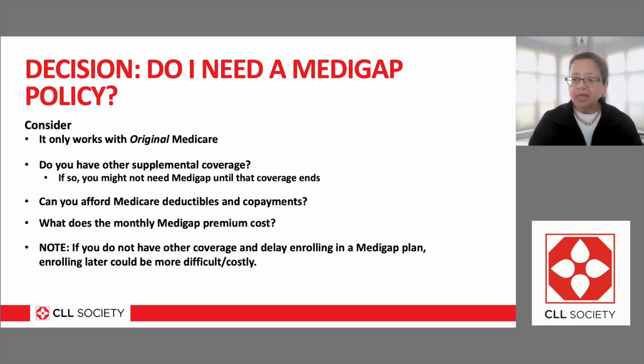If you have some other kind of supplementary insurance, if you work for the federal government or other things that help with those costs, then maybe you should compare where you're getting better coverage. If affording deductibles and co-payments is a reason that makes you think twice about Medicare traditional versus Medicare Advantage, then absolutely consider a Medigap policy to see if it fills those concerns.